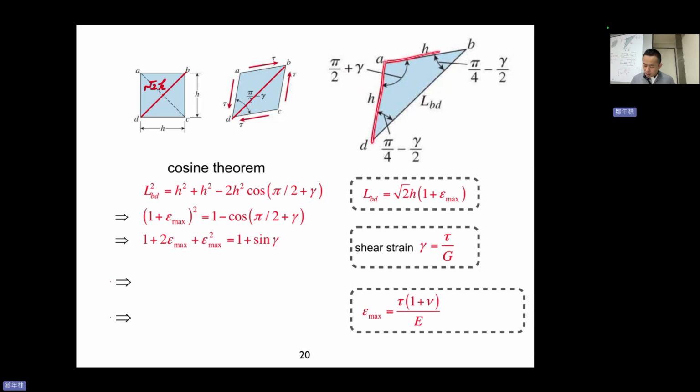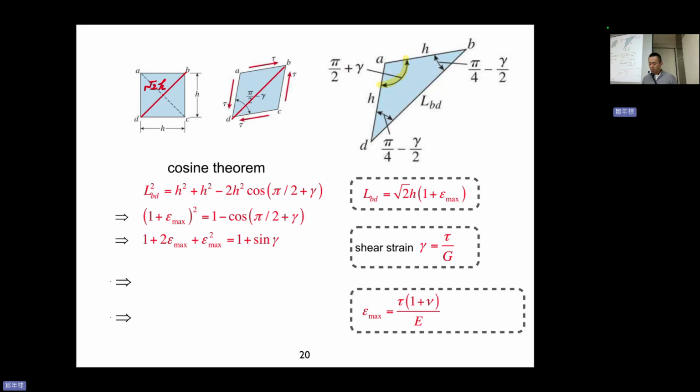And the side is h, no problem. And here is pi over 4 minus gamma over 2. And here again the same. All right, so we can use the cosine theorem.